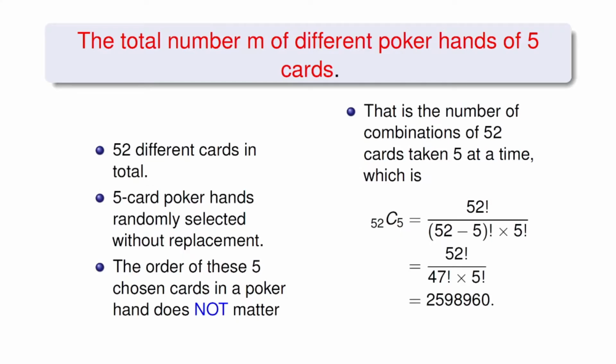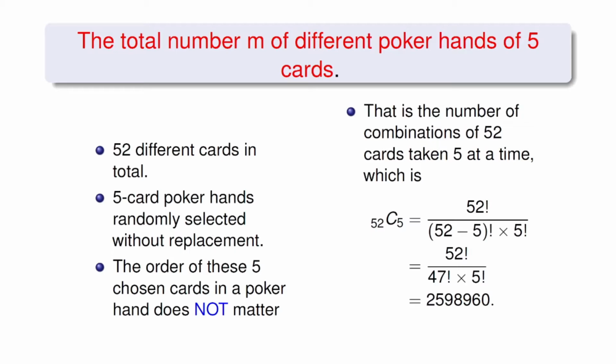Therefore, we can easily see this is the number of combinations of 52 cards taken 5 at a time, which is given here. 52 choose 5 equals 52 factorial over (52 minus 5) factorial times 5 factorial.